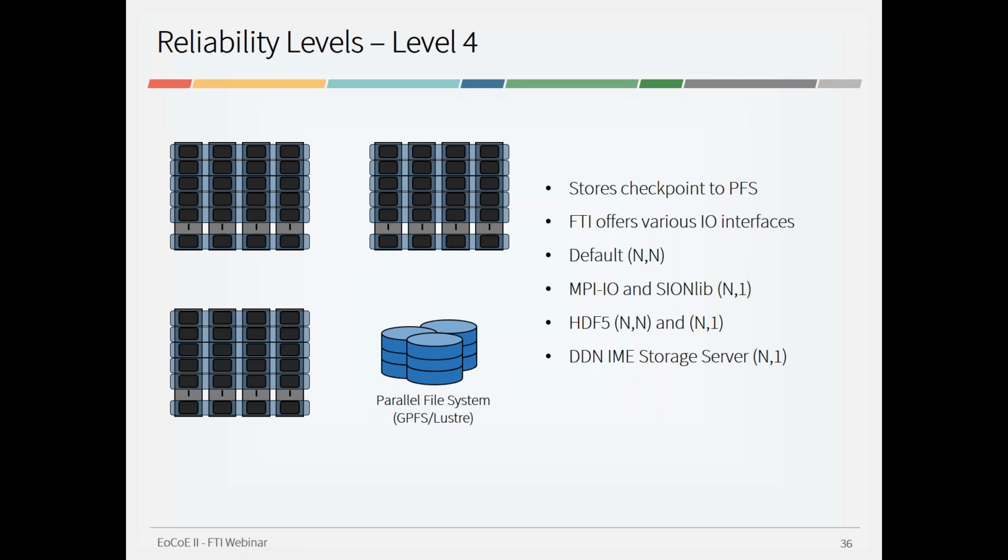So it makes it possible to write directly to the parallel file system, so to say, but using the IME storage server in between. Yes, and since the data is on the parallel file system, we can of course tolerate a whole cluster outage as long as the data on the parallel file system is fine. So this is the most reliable.